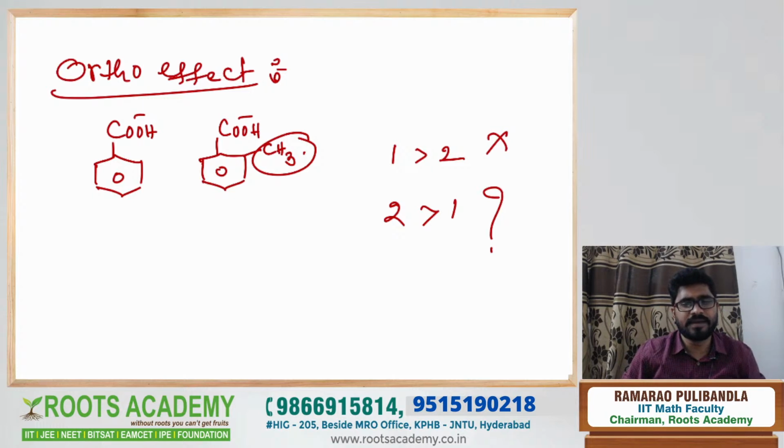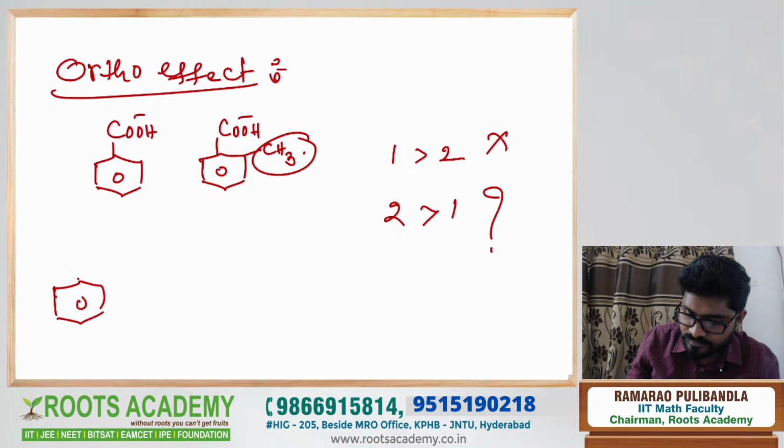No. Meta, para, or what is that? It's not like that, Vani. No. If we take one more example in the same way, now at least you try to tell. Benzoic acid, I'm taking one methyl here.